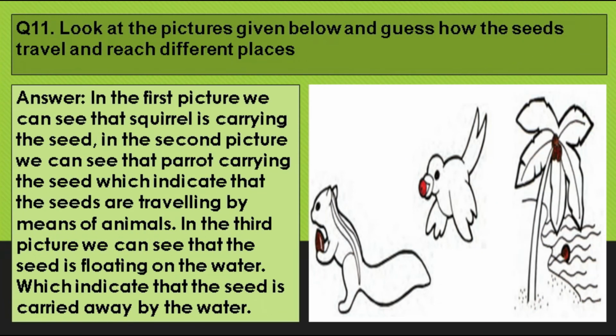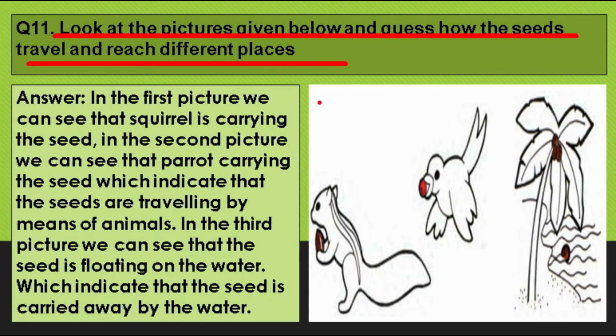Now students, the next question is, look at the pictures given below and guess how the seeds travel and reach different places. With the help of the picture given here, you have to answer how the seeds travel and reach different places. As you can see, in the first picture, the squirrel is carrying the seed.